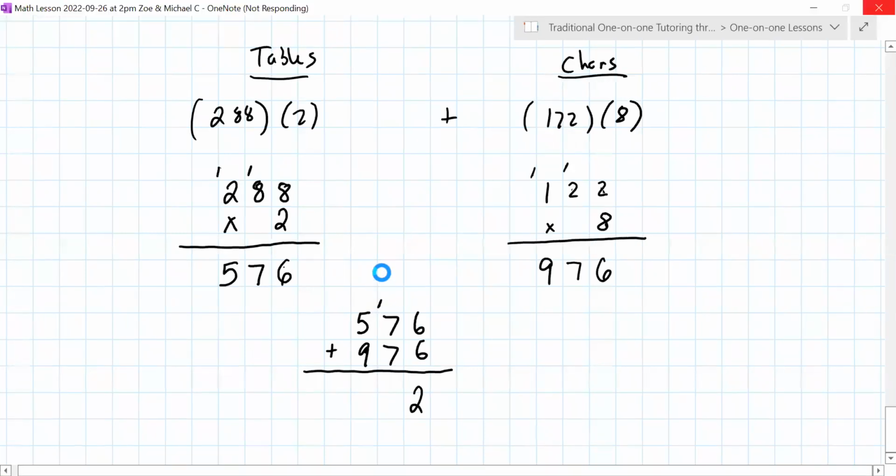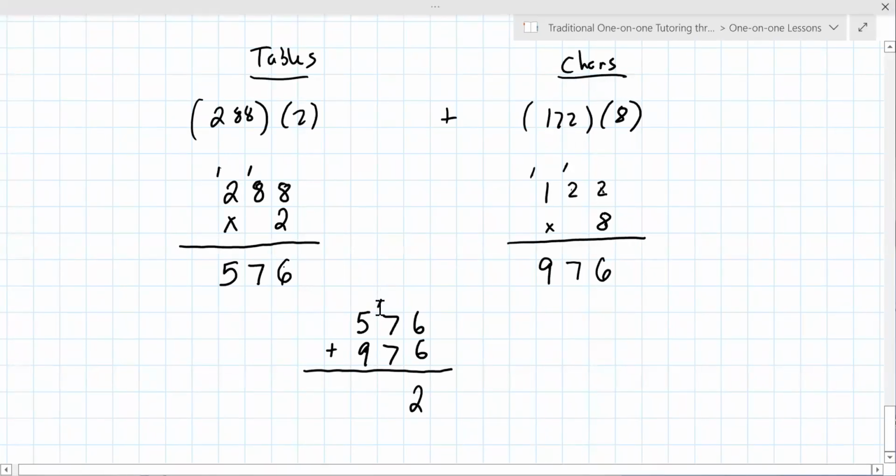Plus 1. 15, so you put a 5 here with a carry of 1. 5 plus 9.